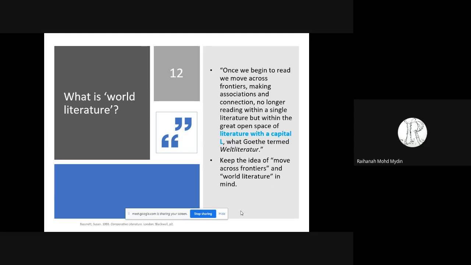But again, come back to this: literature with the capital L, but which texts are included in this canon called literature with a capital L? That's something you need to question with every definition, especially when scholars are from the Western context. Their definition tends to ignore writings and writers from outside of the centers.